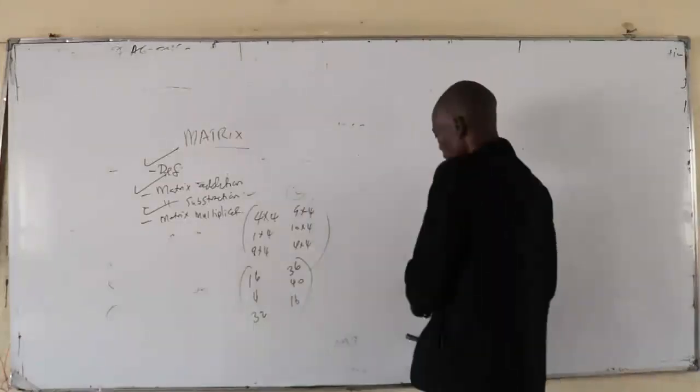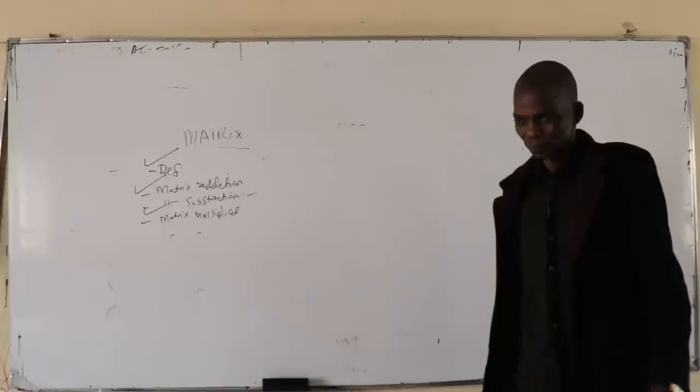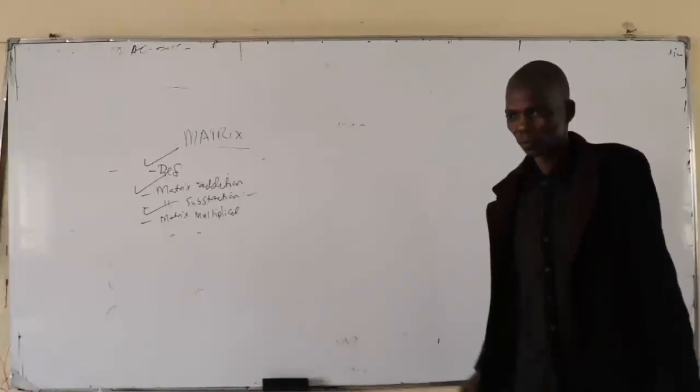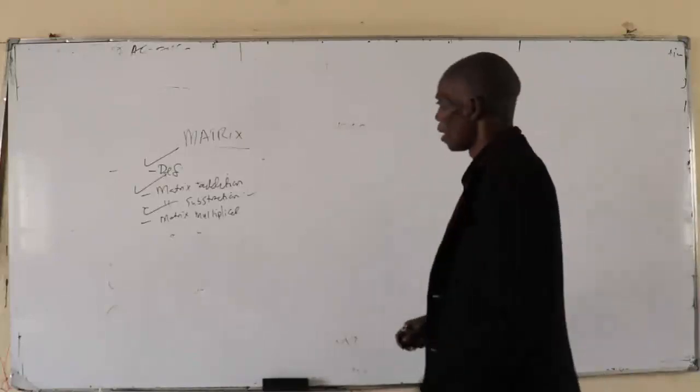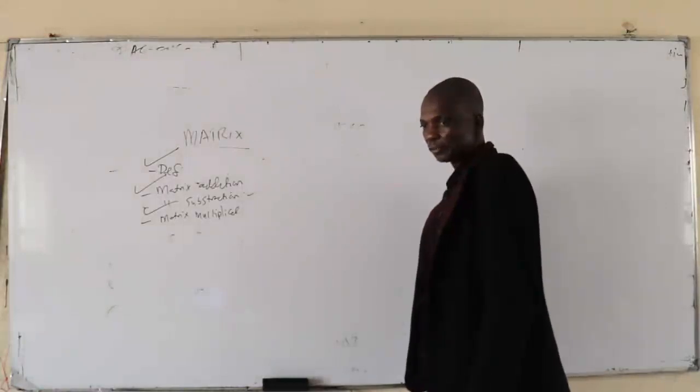One is by a scalar, and the other is multiplication by another matrix.